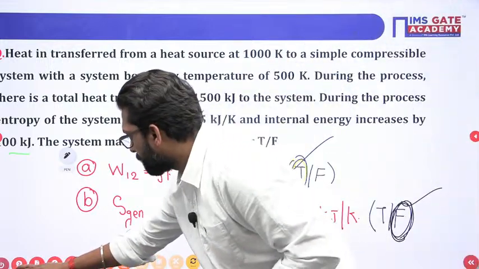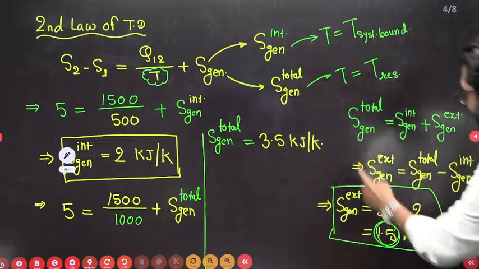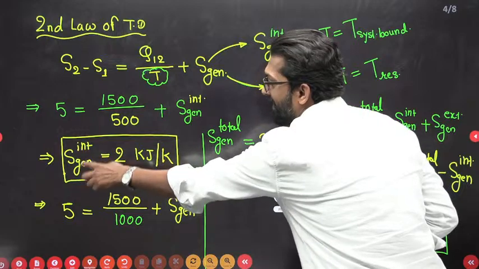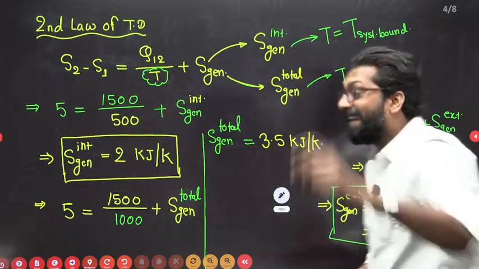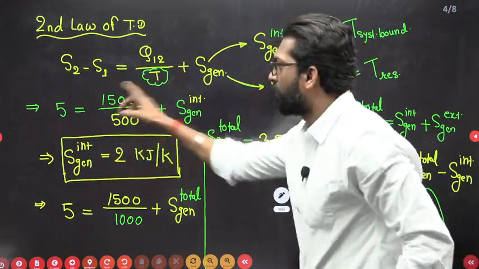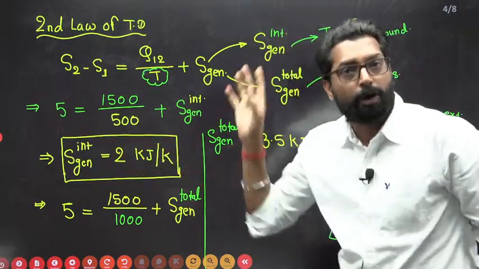But in this question, there is an internally irreversible process. Why? Because there is a generation. That means this process is internally irreversible. If this value were 0, then you could say the option is correct.